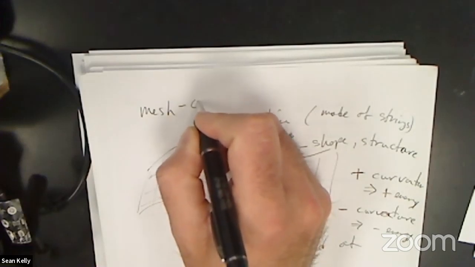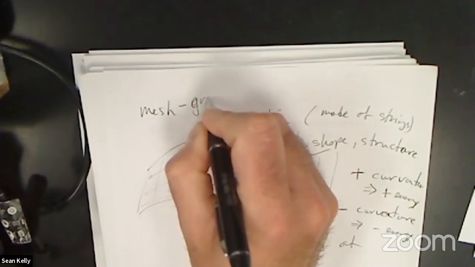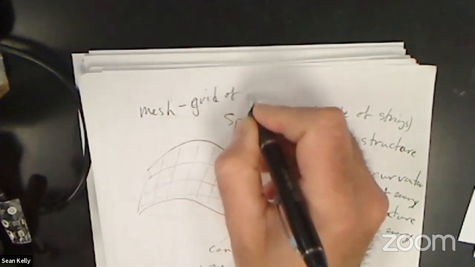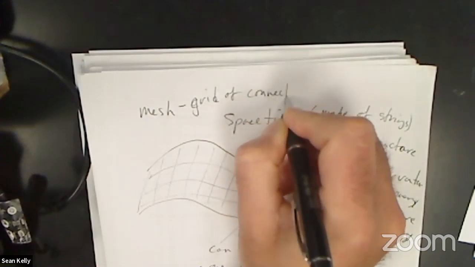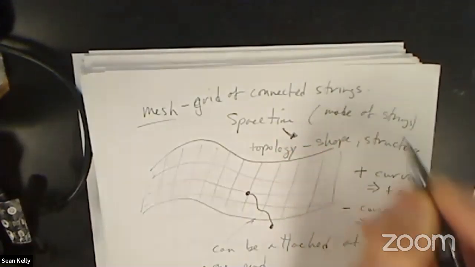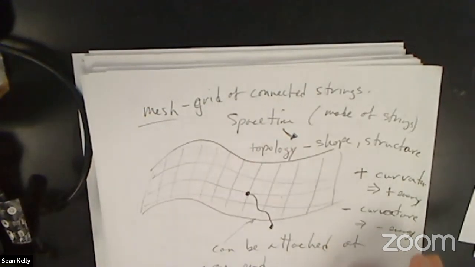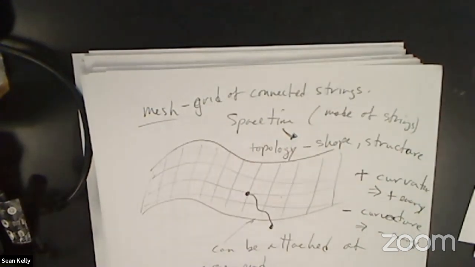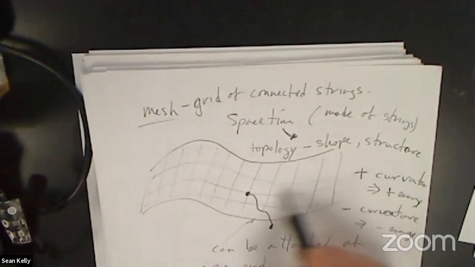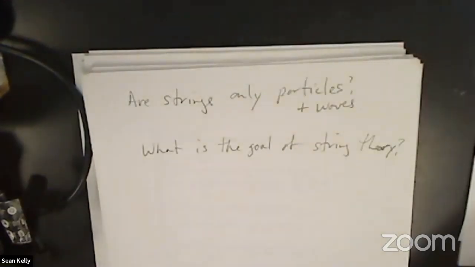A grid of connected strings. So you want to pay attention when you hear that word mesh, that you're talking about a much larger composite of strings. This mesh describes space-time, and this mesh may also describe more complex particle situations.